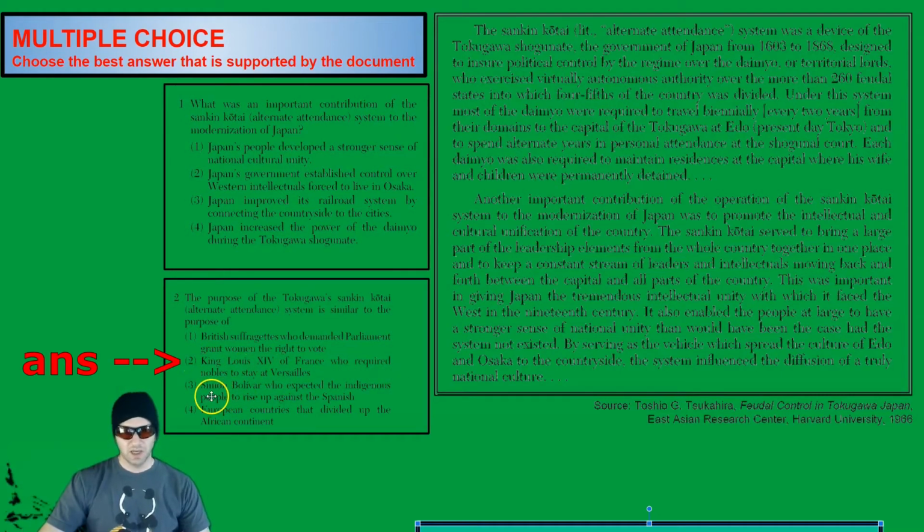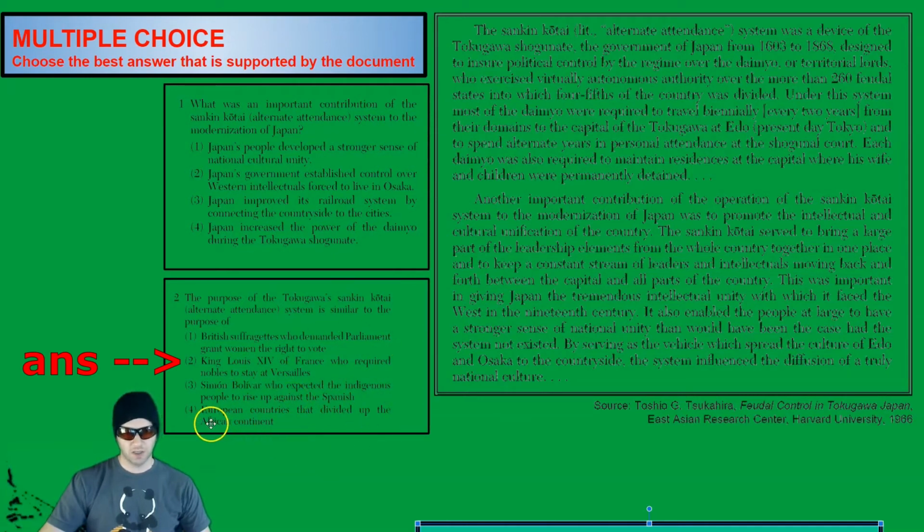But let's see. Simón Bolívar, who expected the indigenous people to rise up against the Spanish. That is true. Simón Bolívar did expect people in Latin America to rise up against their Spanish colonial leaders and get independence. That's true, but it's not the same as Tokugawa keeping control. Tokugawa keeps control of the nobles. Simón Bolívar wants to get rid of a king.